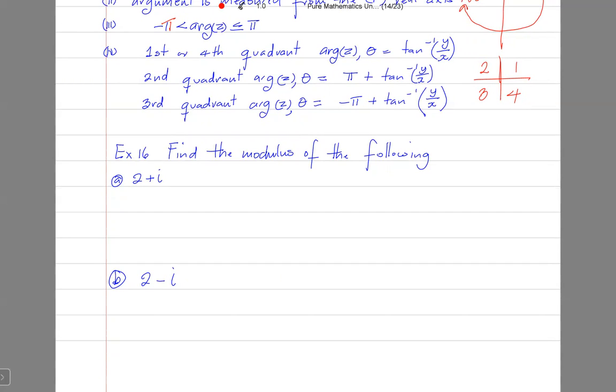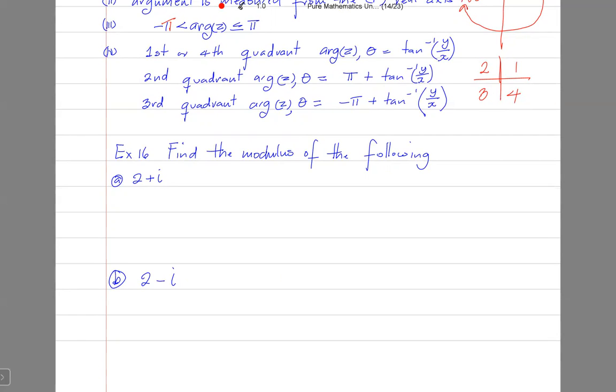So in the first and fourth quadrant, where the angle is between 0 and 90, tan inverse y over x will give you the direct answer. But if you want the answer in the second and third quadrant, you have to put pi plus or minus pi plus before the tan inverse.